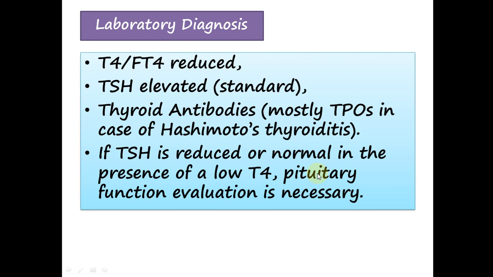For example, if it is not producing TSH, automatically there will be less production of free T4. And if it is producing excess TSH, it will lead to excess production of T4. So the pituitary gland and pituitary hypothalamic functions should be evaluated.